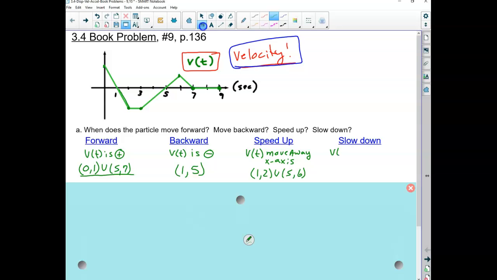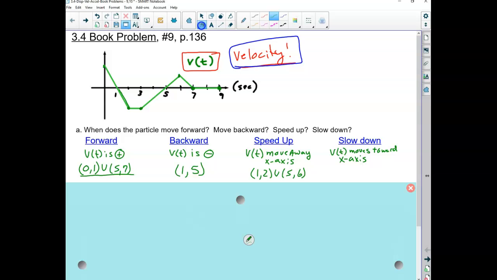Slowing down is when v of t moves toward the x-axis. Because when I move towards it, my velocity quantity gets less, and when I move away, my quantity of velocity becomes more.